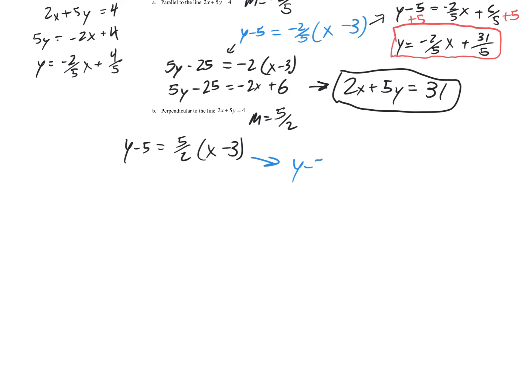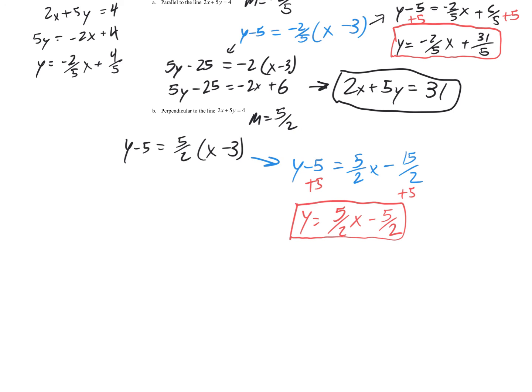We distribute: y minus 5 equals 5/2 x minus 15/2. And we can add our 5 back to the other side. Let's add this 5. Okay, and we get y equals 5/2 x minus 5/2, and that is going to be our slope-intercept form.